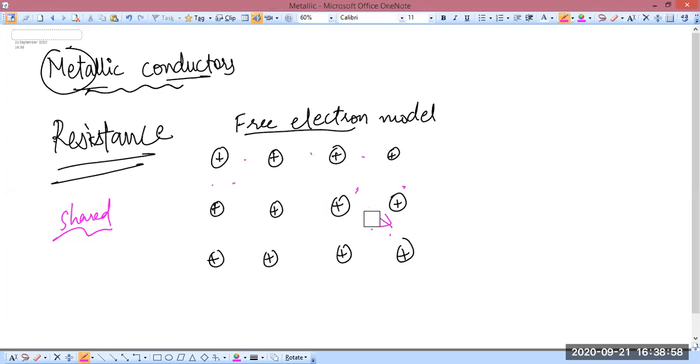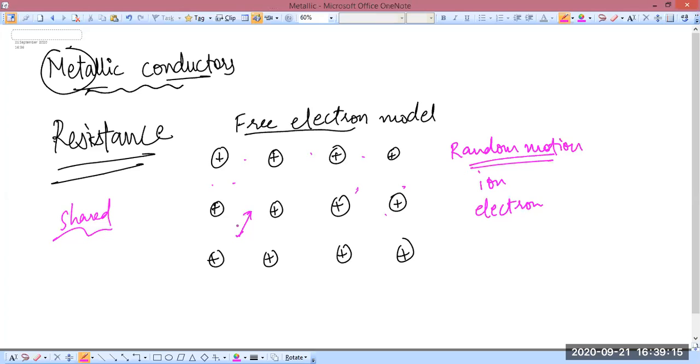Now, when they try to flow, due to the random motion of every ion and every electron, there's obviously going to be random motion. Because of the random motion, these moving electrons will often collide with the ions.